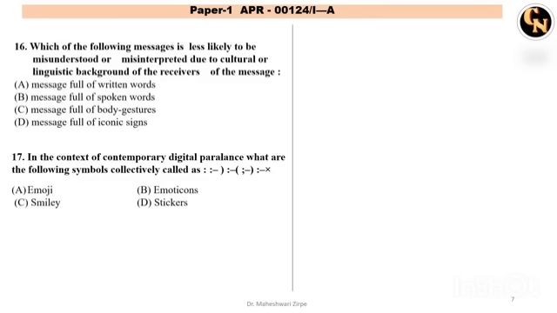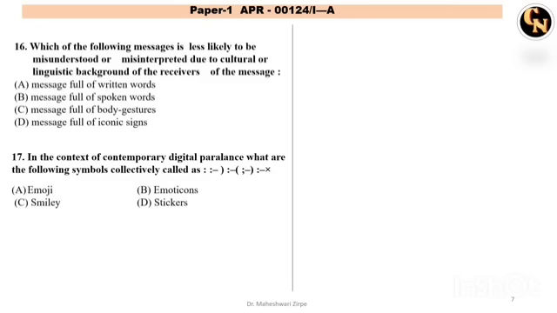Basically, if someone is talking in German and I don't know it, then obviously if he writes the message in written format, it will still be misunderstood, or whatever he's speaking will be misunderstood. And his body language I may not understand, correct? Similarly, his iconic signs, because he is a native of Germany, I will not understand because I have never gone to that place.